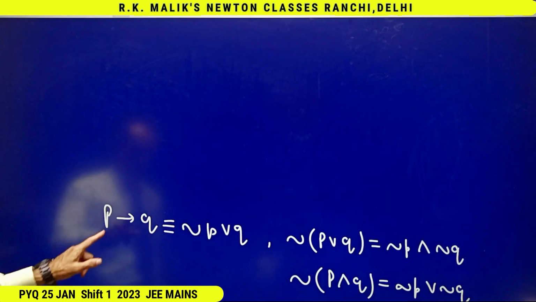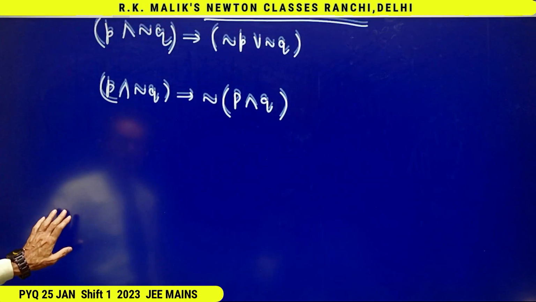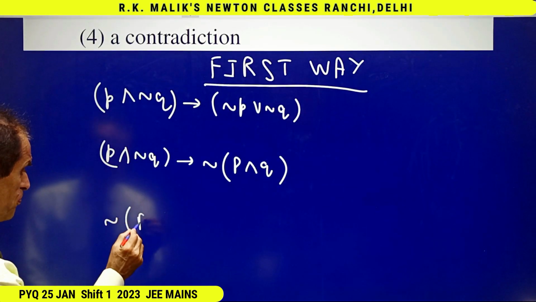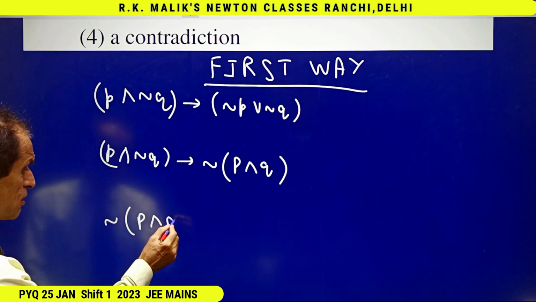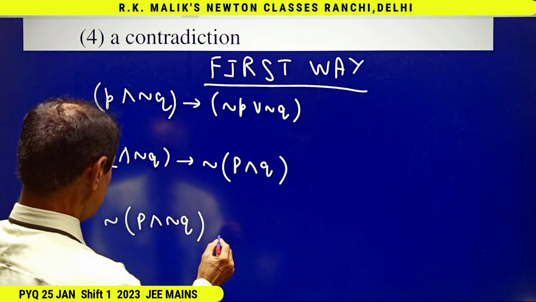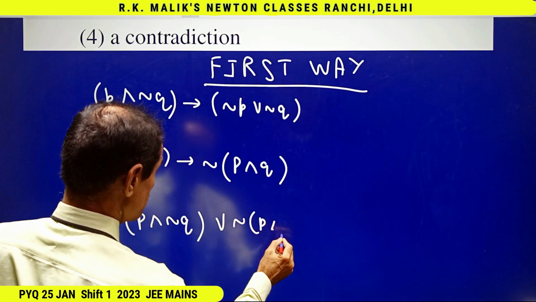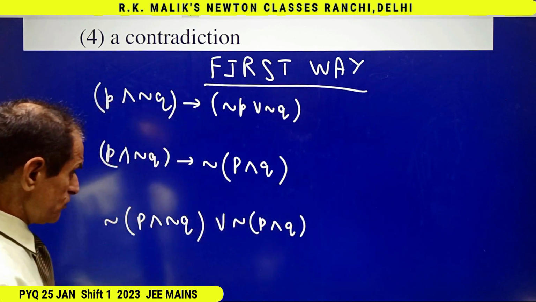And now again using this formula, this can be written as negation of (P and negation Q) or negation of (P and Q).